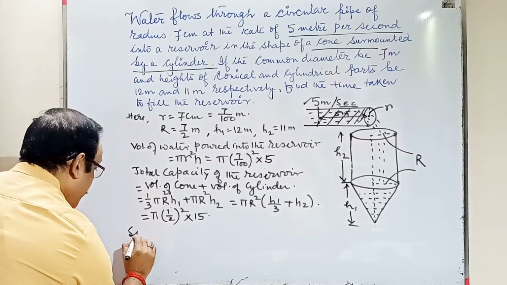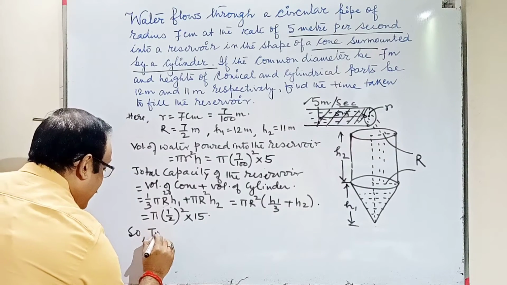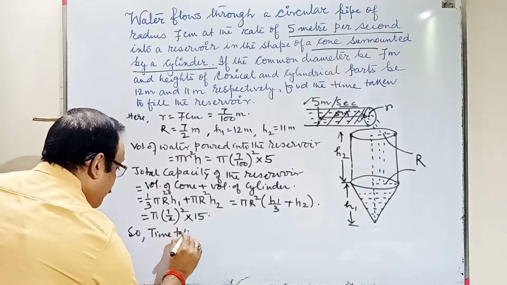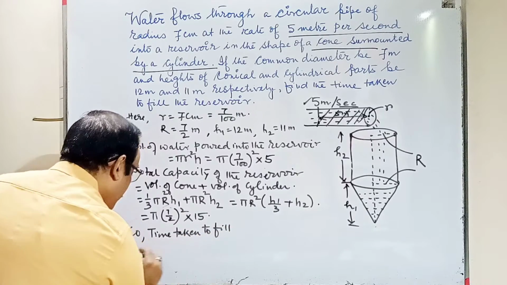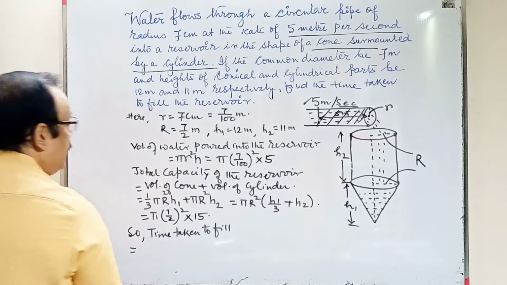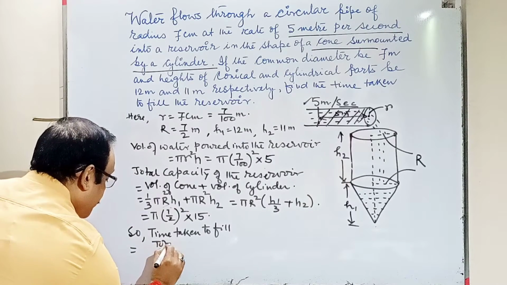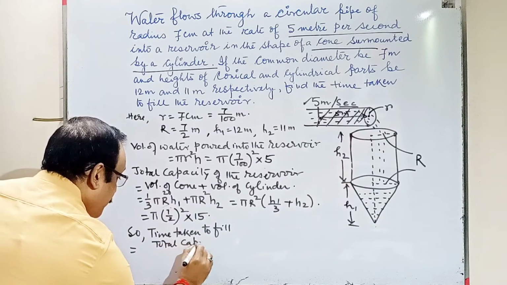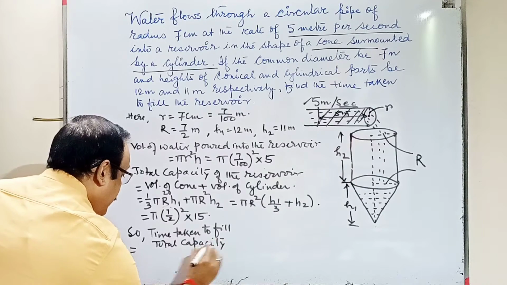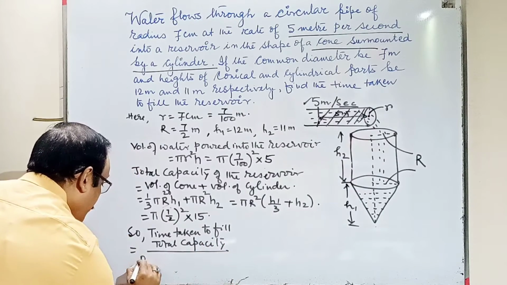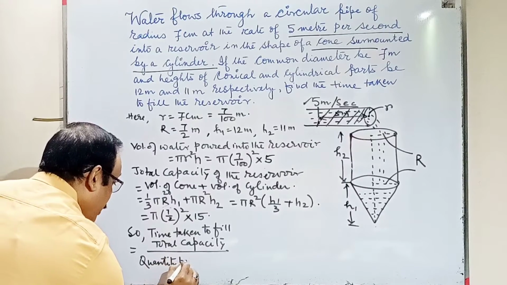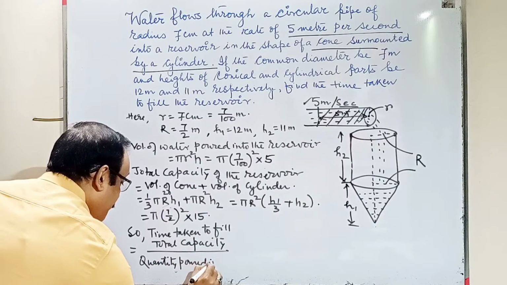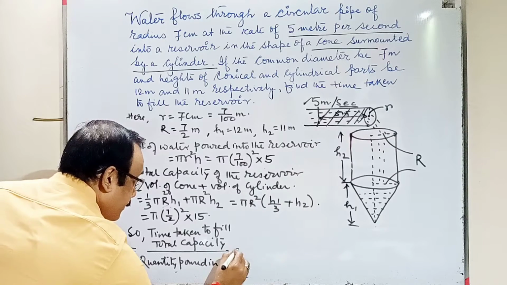So time taken to fill is equal to what? Total capacity divided by quantity poured in 1 second.